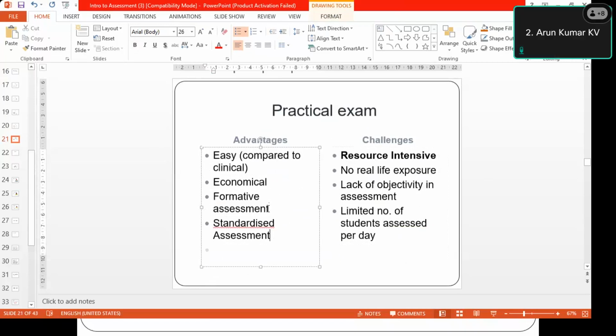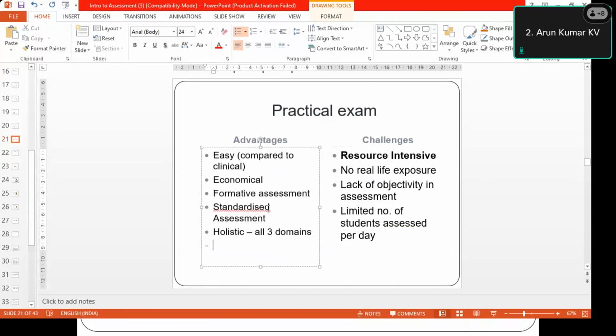Sir, one more advantage of this practical or clinical exam is that it's a holistic evaluation, wherein you are assessing the affective domain as well as cognitive. You are asking the Vivas also, eliciting the response, like a chair-side Viva, where questions are also being asked.